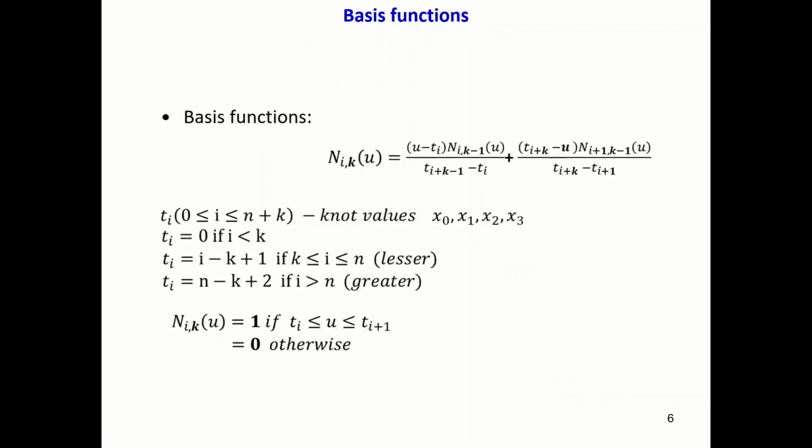Basis functions. We have the following formula for the basis function, and here we have three cases for taking the value of t_i.